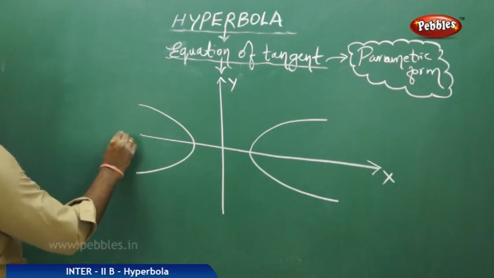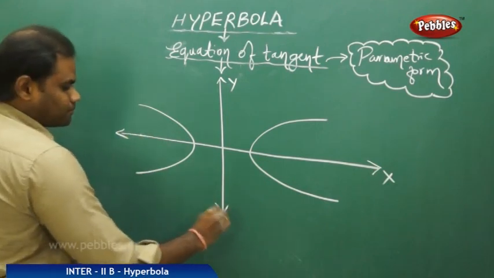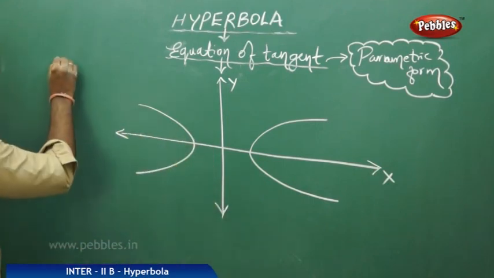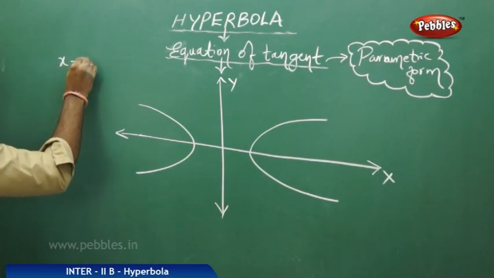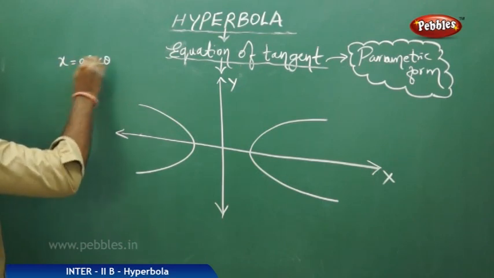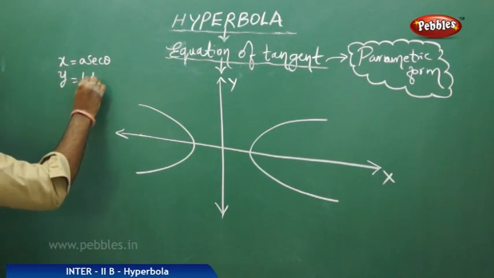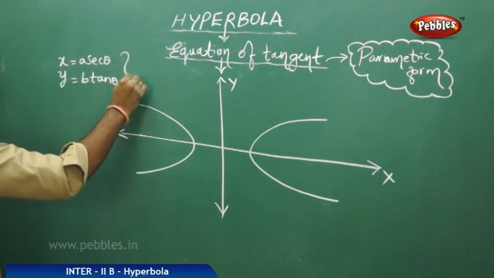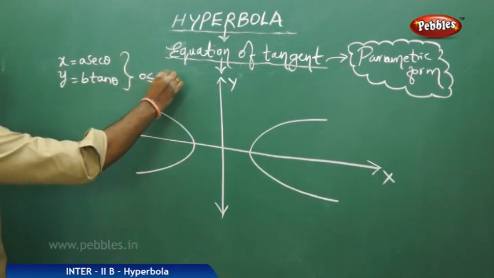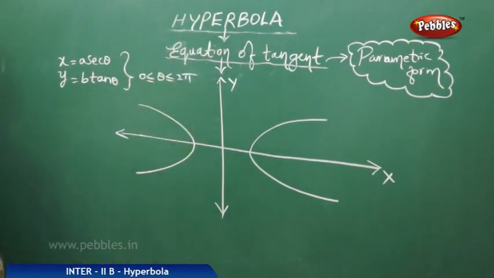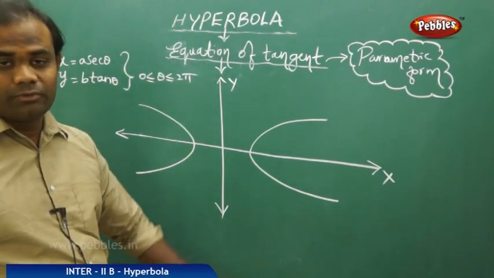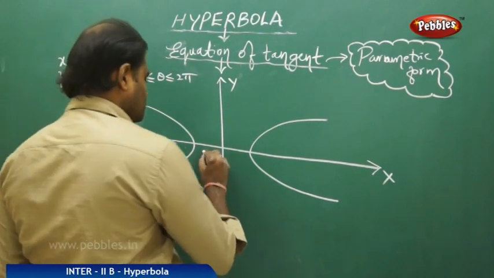Now for this hyperbola, which has parametric equations as x equals a secant theta and y equals b tan theta for 0 less than or equal to theta less than 2 pi, let me find the equation of tangent in parametric form.